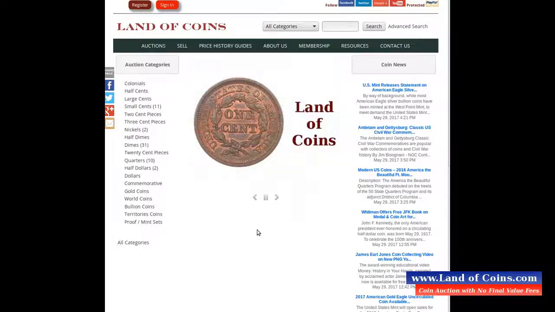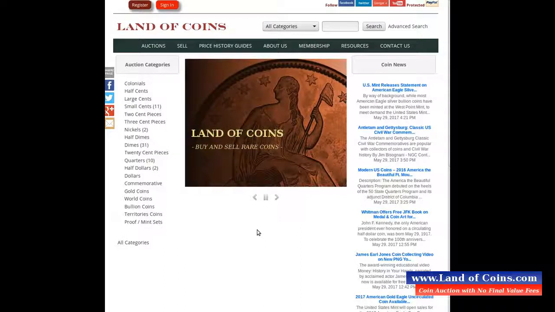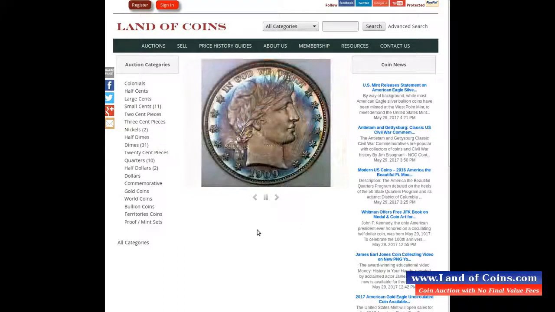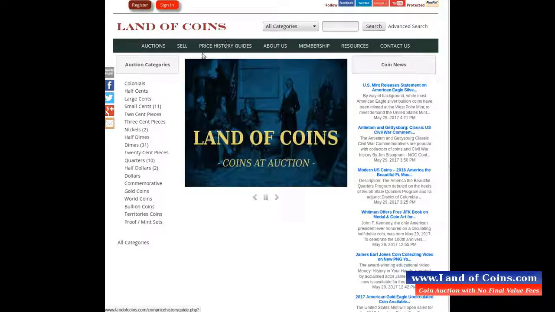On the home page of landofcoins.com, I'm going to show you how to look up price history values for rare coins. Now these values go back to 1958 and go up to today's values. On the landofcoins.com homepage, you'll see on the navigation bar above, price history guides.